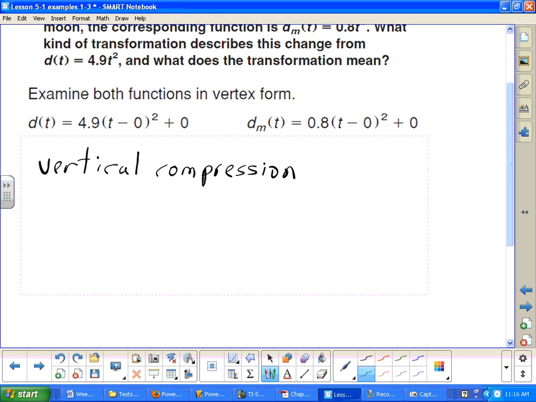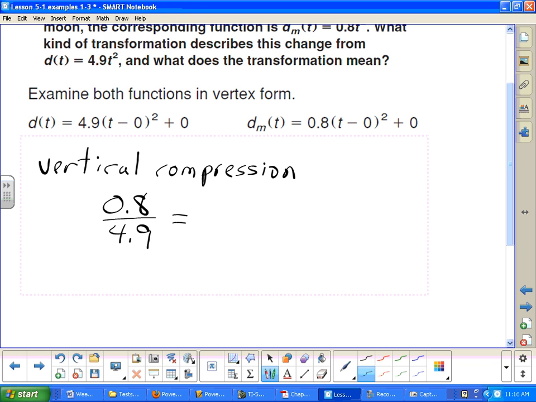And so my vertical compression is going to be the smaller number over the larger number, that ratio. If it was a vertical change as far as the shift is concerned, then I would subtract to find them. I'd say, okay, it's a vertical translation up 4.1 or down 4.1. But because we're multiplying, we have to find the ratio of those values.